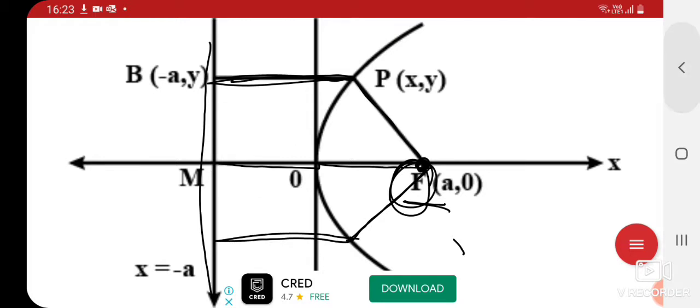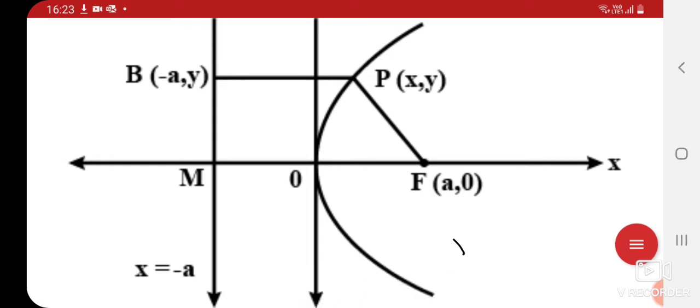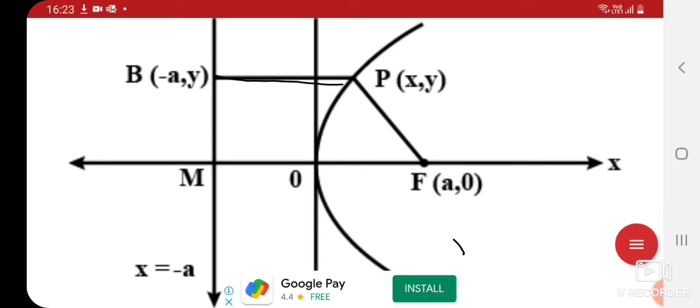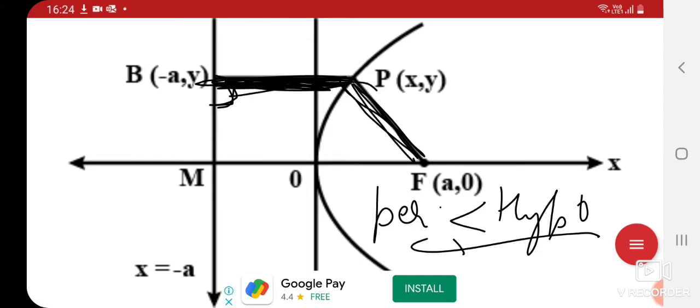Okay, now what you need to know is that this is our perpendicular, right? And when you draw a hypotenuse, you know that a perpendicular is always smaller than the hypotenuse, right? So how can you say that this hypotenuse is equal to this perpendicular?